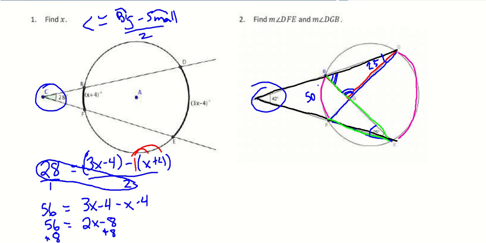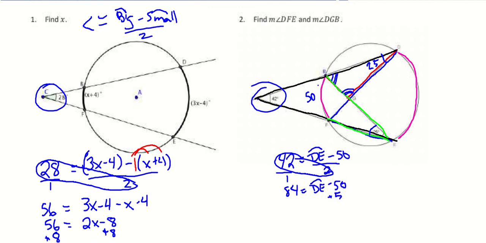So outside is different. 42 is equal to the big arc, which is DE, minus the small arc, which is 50, and then cut in half. So we're going to cross multiply first. 84 is equal to DE minus 50, and then we add the 50 to get 134.